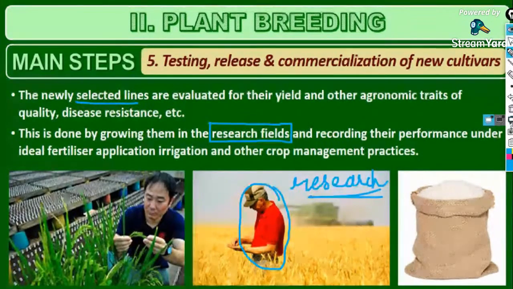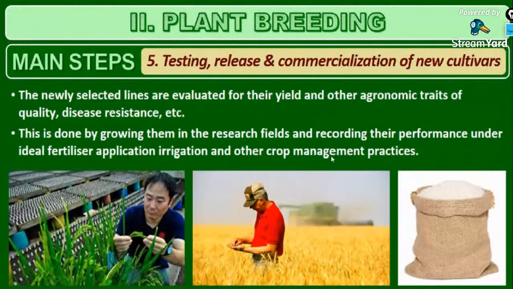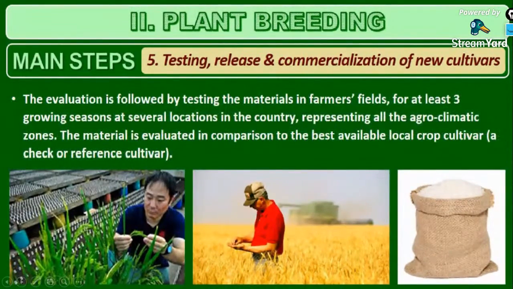So first they will cultivate it on their own land and measure the yield, and finally they will test whether it is a high yielding variety, whether it is disease resistant, whether it has the combined characters, and whether they should sell it or not. That's why we said it's a very time consuming and tedious process.